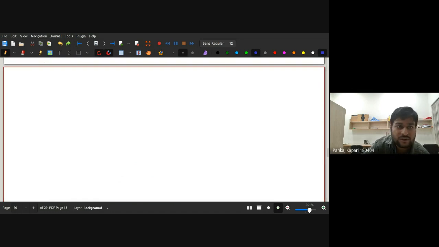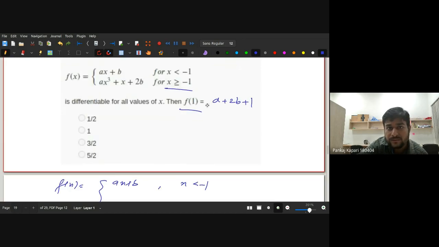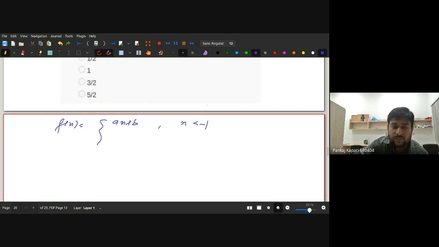Let's write what the function is. Ax plus b if x is less than minus 1, and ax cube plus x plus 2b when x is greater than or equal to minus 1.